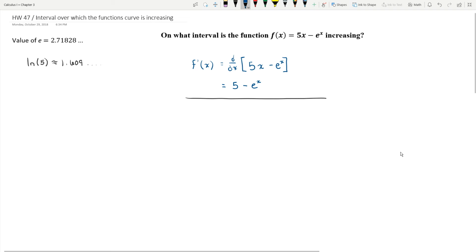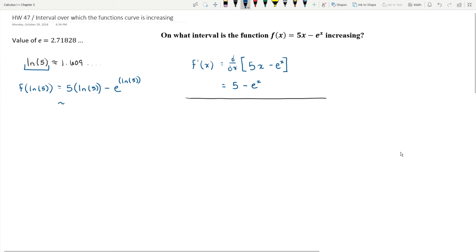And in order to do that, we take ln of 5 and we plug it into the original function. So we would have f of ln of 5 is equal to 5 multiplied by ln of 5 minus e to the ln of 5.